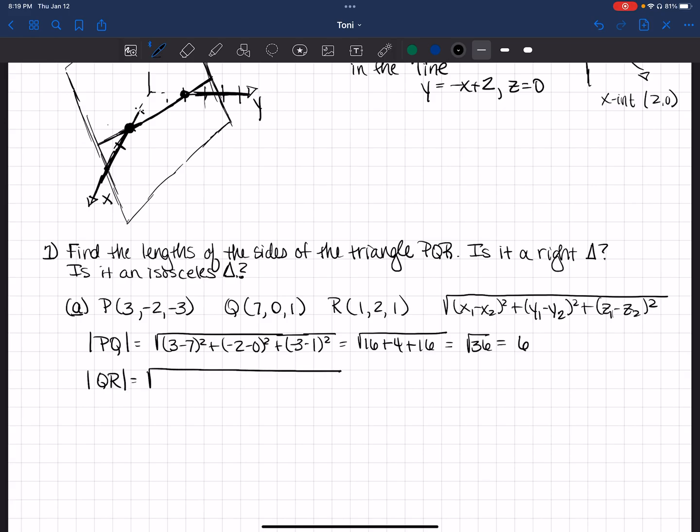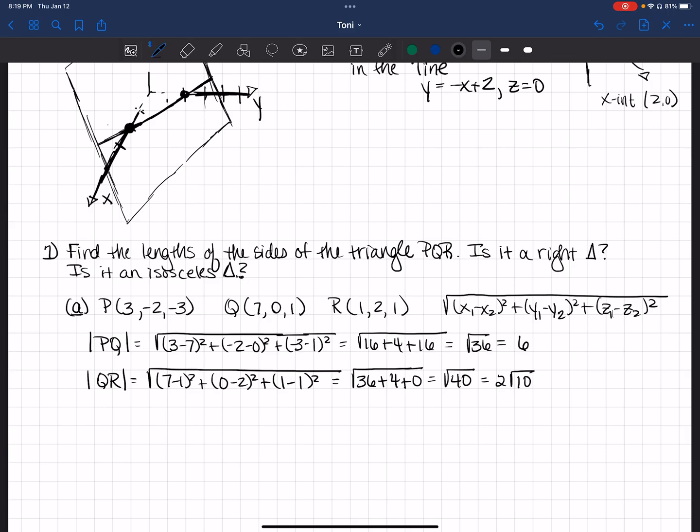The length of QR is going to be the square root of 7 minus 1 squared plus 0 minus 2 squared plus 1 minus 1 squared. That's going to give me 7 minus 1 is 6 squared is 36 plus -2 squared is 4. 0 squared is 0. That's going to give me the square root of 40. That's 4 times 10, so that's really 2 square roots of 10.